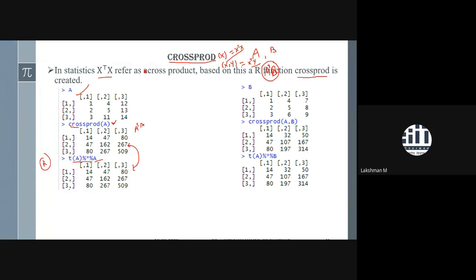Now here we are taking another matrix B, and if you do crossprod, the result gives A transpose B. The same result you can obtain with the usual inner product operation. Both results are matching, so there is no difference. I took the second operation just for the sake of validating this result.